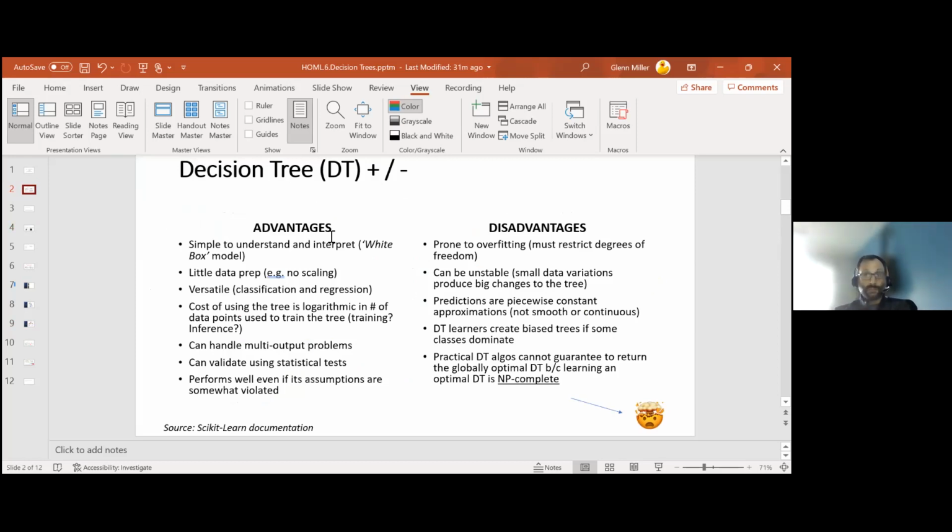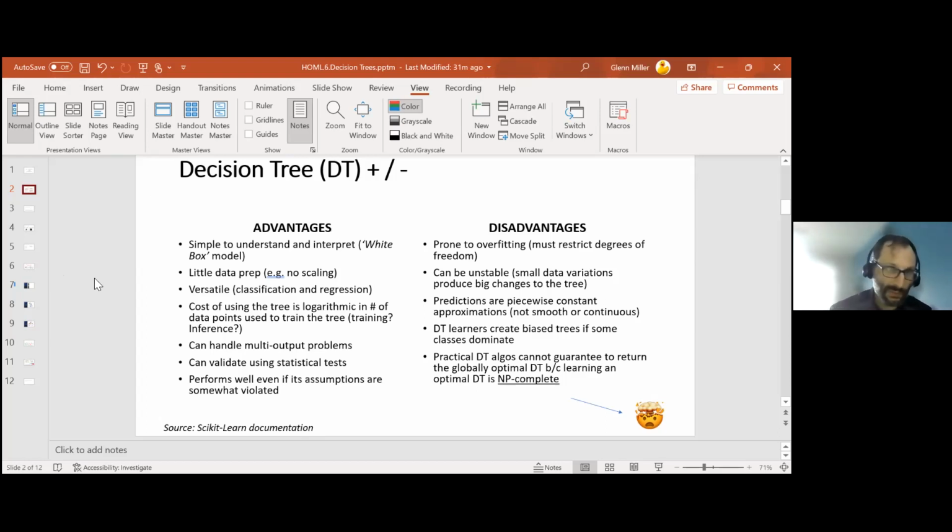The model can be unstable. We'll talk about this later as well, that small variations can produce big changes. And predictions are, here's another one that is a bit over my head, piecewise constant approximations, not smooth or continuous.